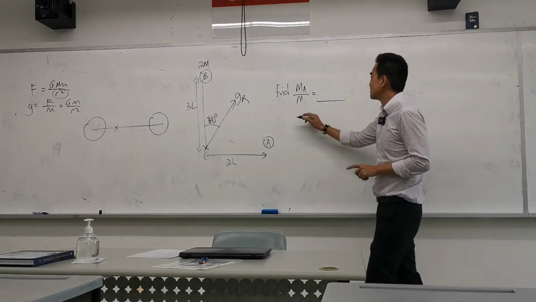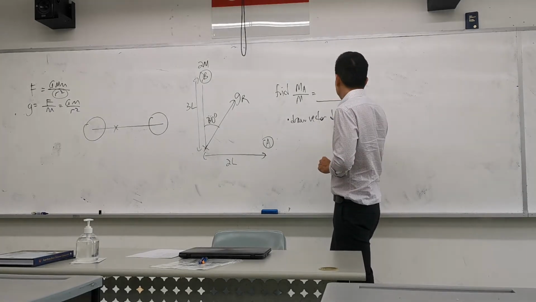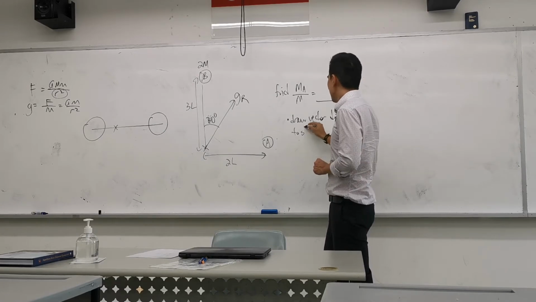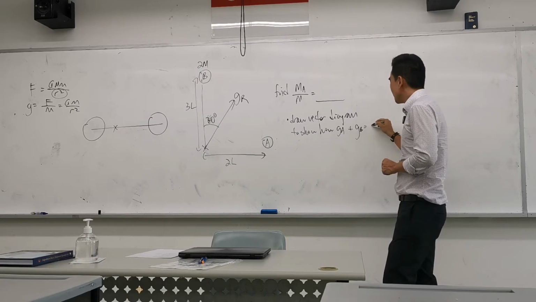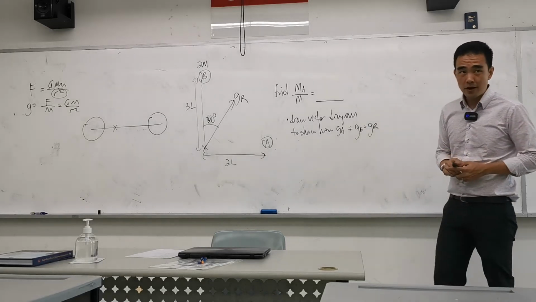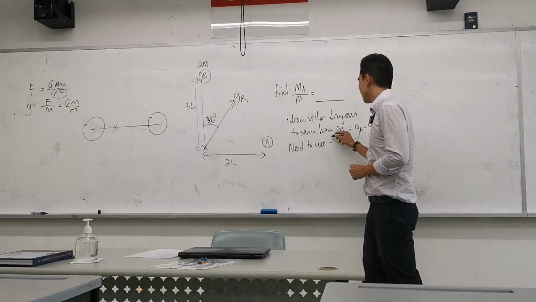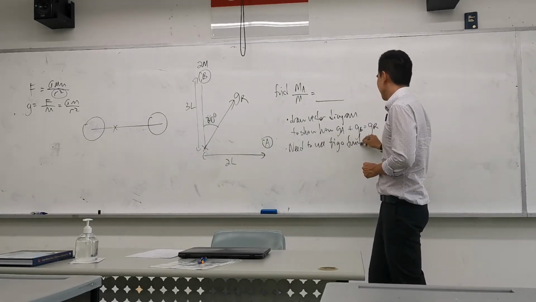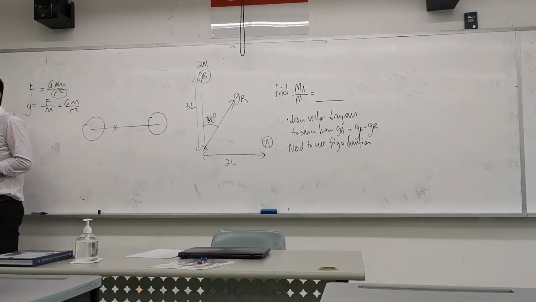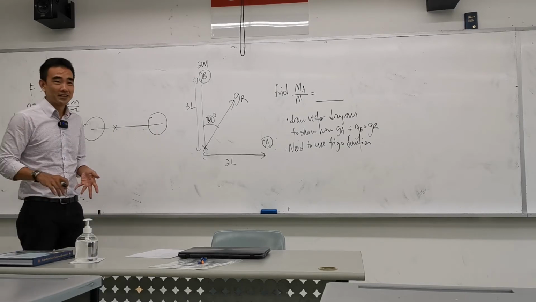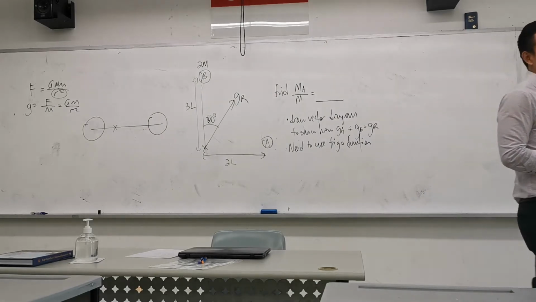You might find it useful to draw a vector diagram to show how G of A plus G of B gives you G of R. And the hint for you is that you need to use a trigo function. Trigo function means sine, cosine, tangent. No worries, you don't have to use secant, cosecant, or cotangent. Nothing of that sort is coming in yet.